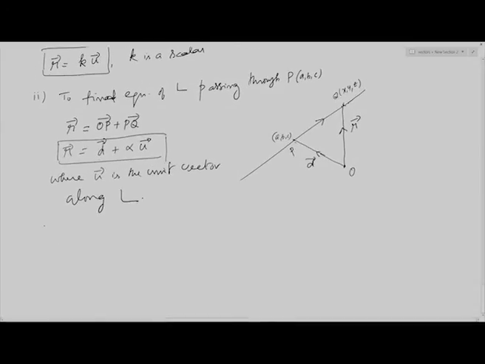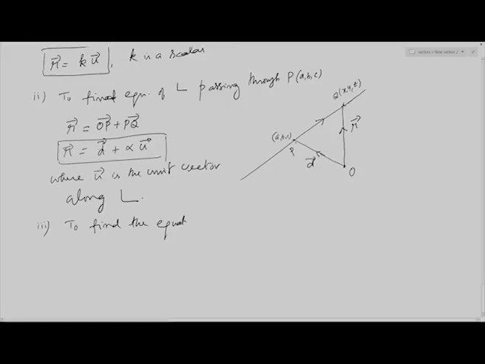And the more general case is the last case, where we find the equation of a straight line passing through two given points. Now, the direction is not given explicitly, but in terms of the points we can get the direction.